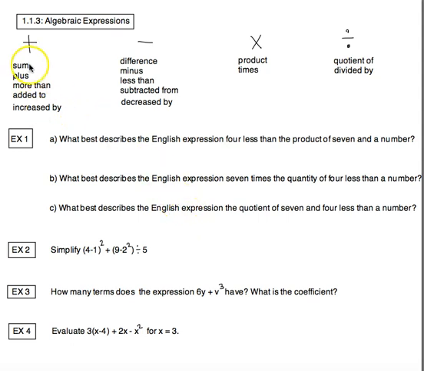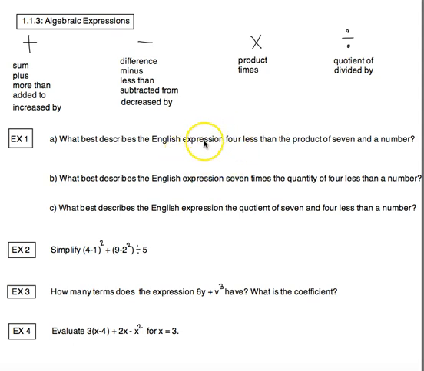So what I've done is I've gone through for each of the operations that we have: addition, subtraction, multiplication, and division. I've written out the main key words that you might see that would indicate to you to use that particular operation.